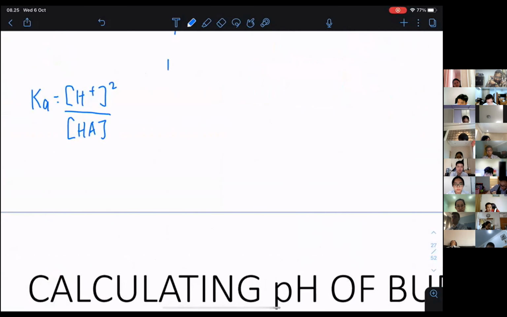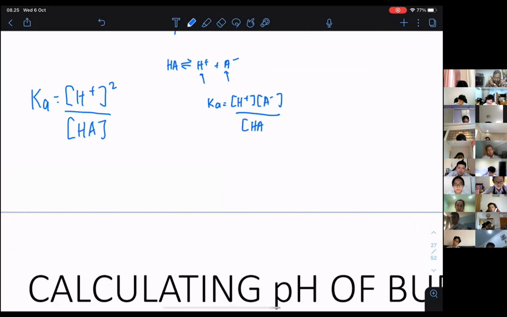Because when I have HA changing into H plus and A minus, this concentration is the same as this concentration. But it's supposed to be Ka equals H plus times A minus divided by HA. Then only we came over here. But for a buffer, we maintain this formula.